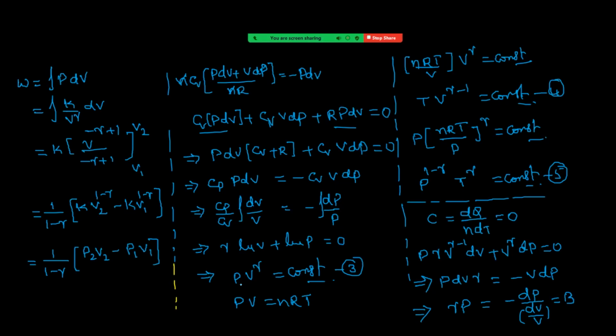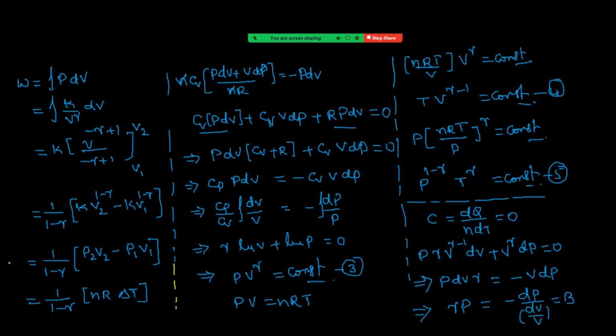See carefully once, okay? In the place of K, P V power gamma. Now substitute here P2 V2 power gamma. V2 power minus gamma gets cancelled. Remaining is V2 power 1. So P2 V2 minus P1 V1. Okay. This can also be written, from gas equation, as nR delta T, meaning T2 minus T1.